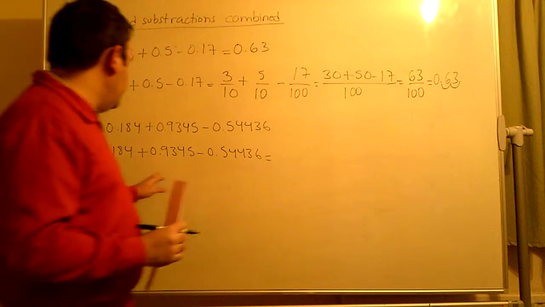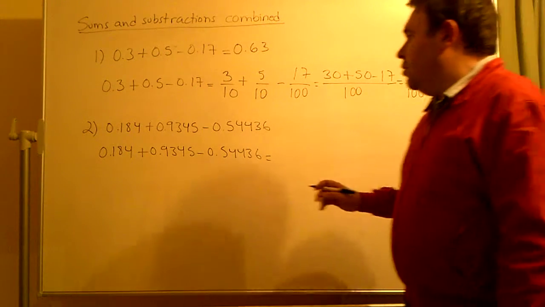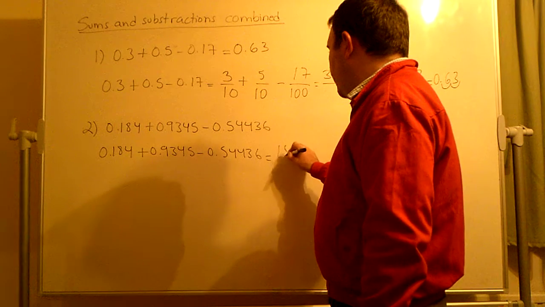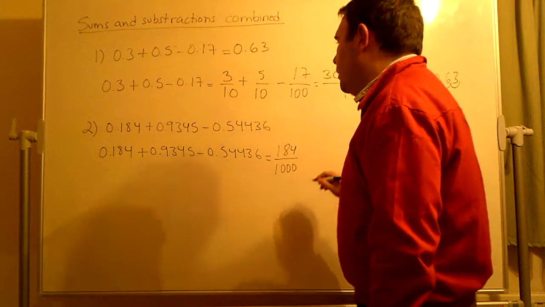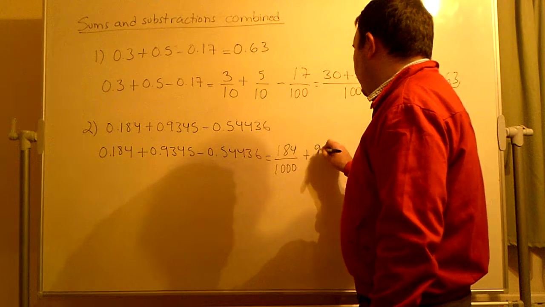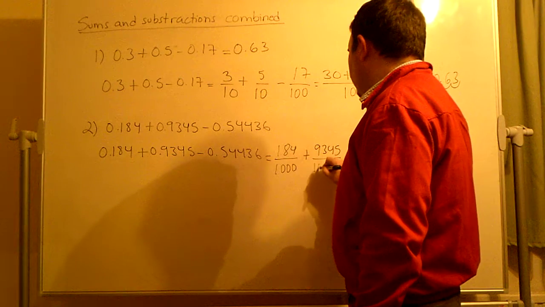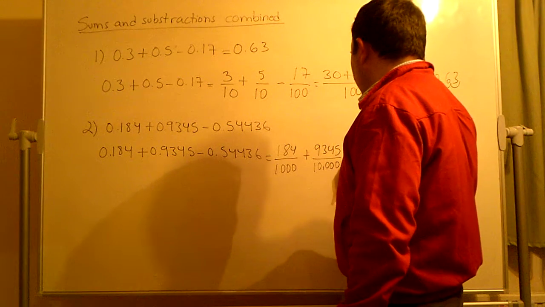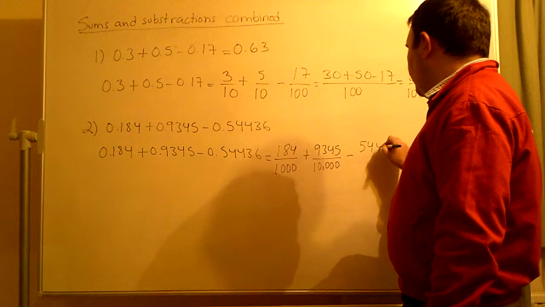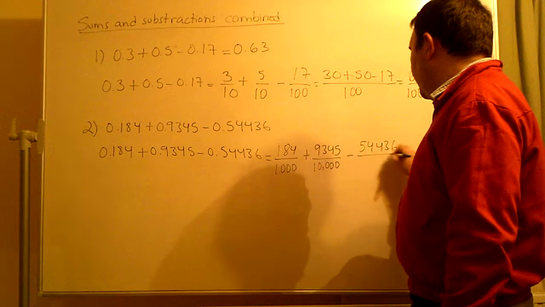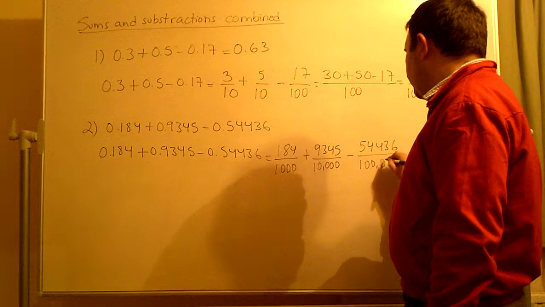So we need to write this down as a decimal fraction. So the first one would be 184 divided by 1000 plus 9345 divided by 10,000 minus 54,436 divided by 100,000.